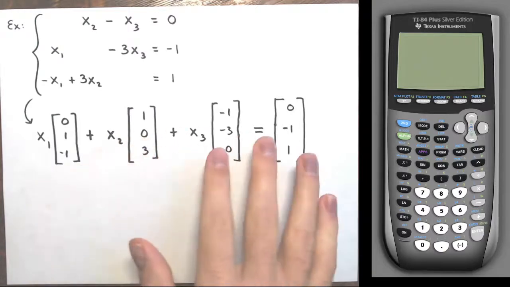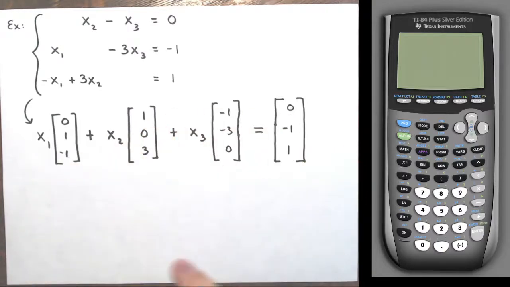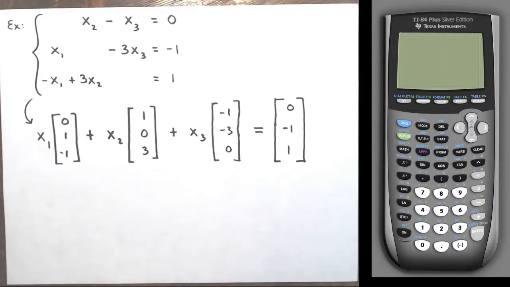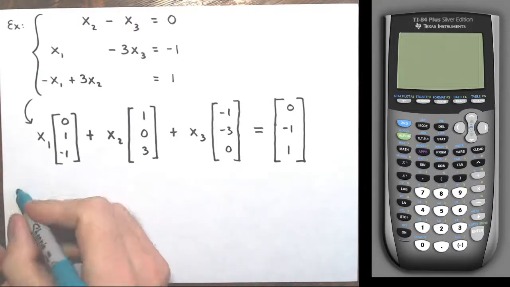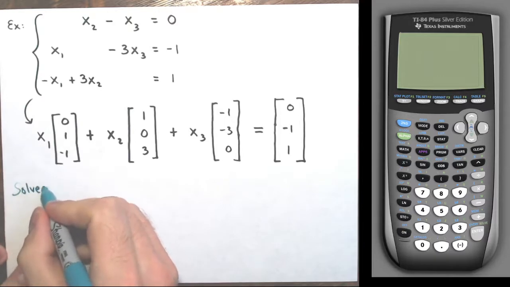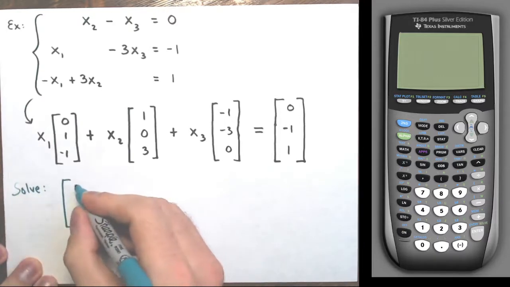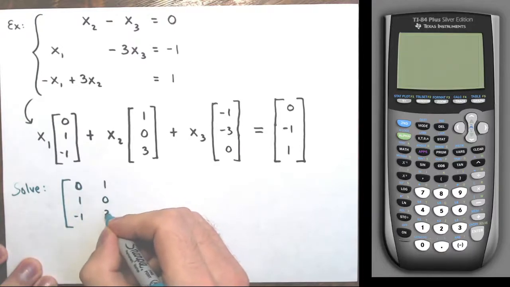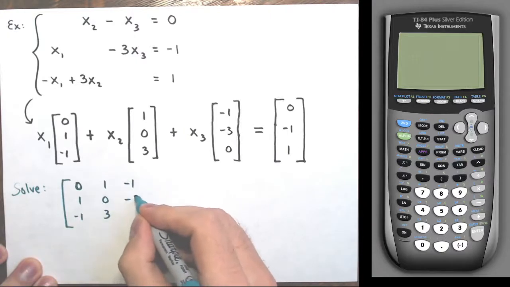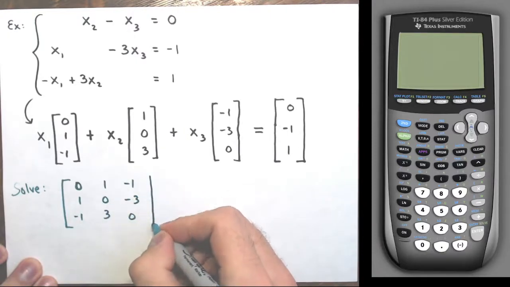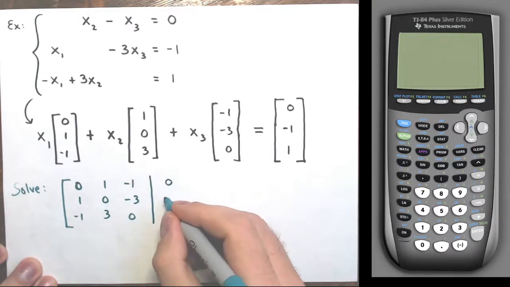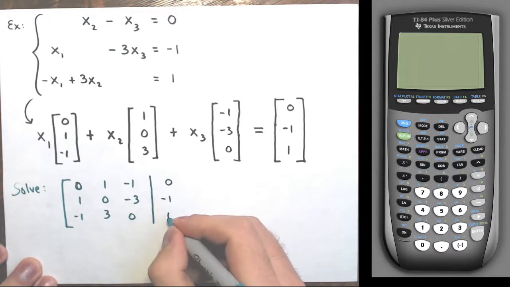All right, so let's see if this can happen. Does this have any solutions? Are there any weights x1, x2, x3 that I can put in for this? Let's solve. I'll write the augmented matrix: 0, 1, negative 1, 1, 0, 3, negative 1, negative 3, 0, a little bar where the equal sign goes, and 0, negative 1, 1.